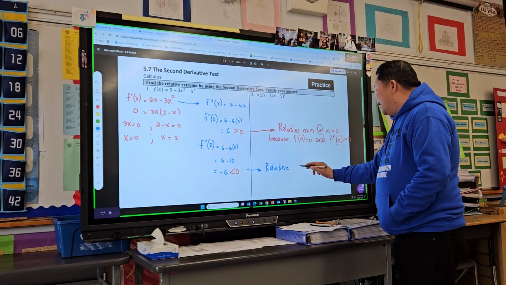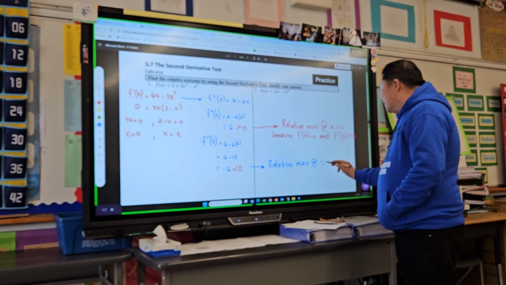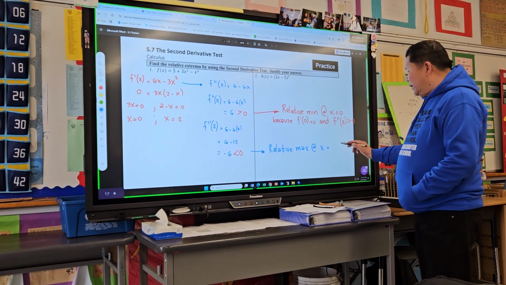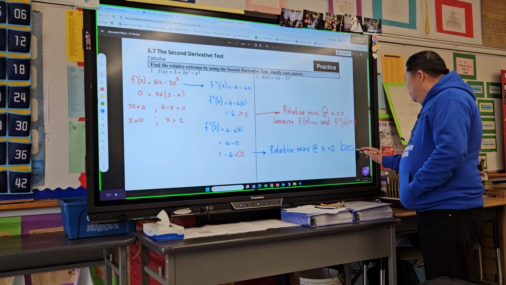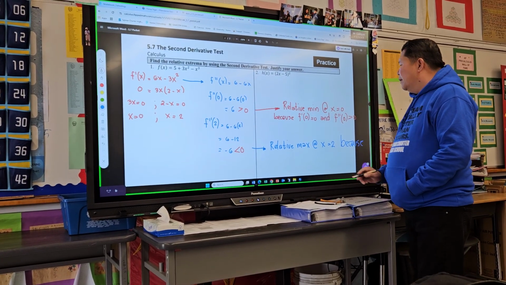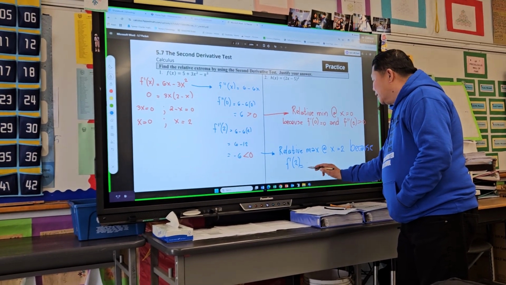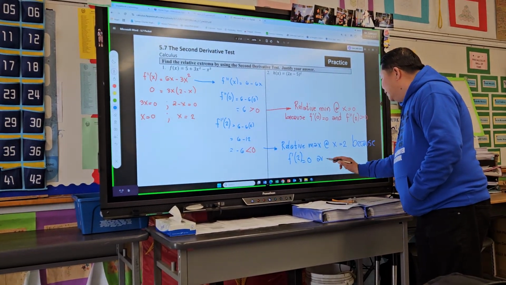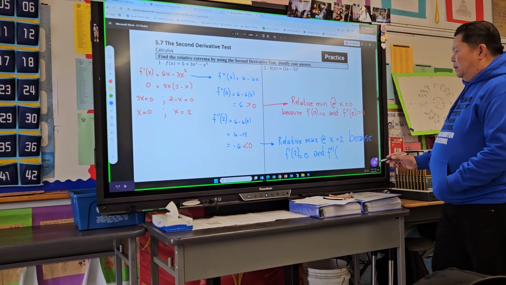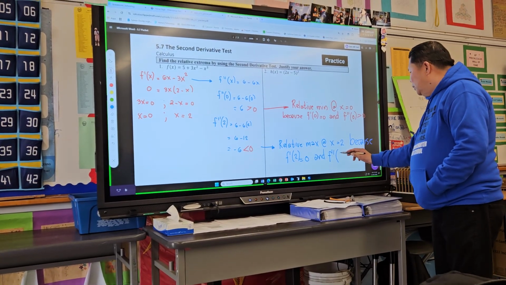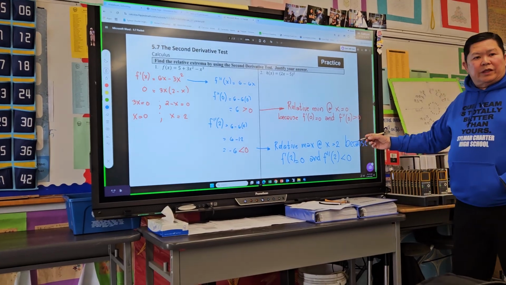This is a relative maximum at the value of x equal to positive 2, because f prime of 2 is equal to 0 and f double prime of 2 is less than 0. So you have two justifications here.